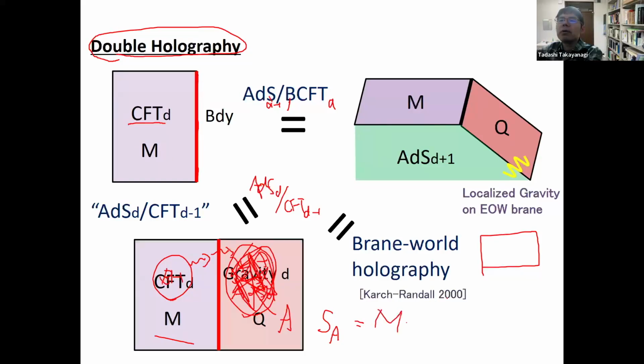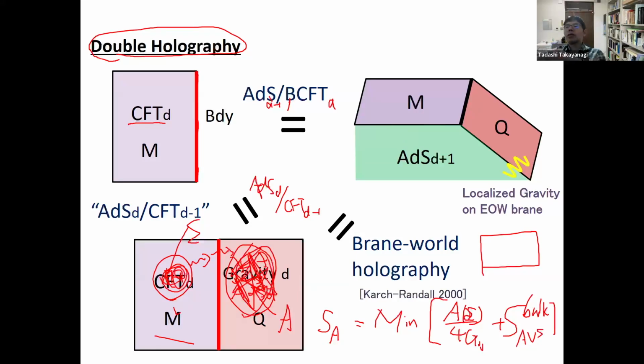That means taking the minimum over islands: we create some island sigma inside the black hole, compute the island area, the boundary of sigma, plus the bulk entanglement, which is the normal quantum field theory entanglement, but for A union sigma. This is the island formula.